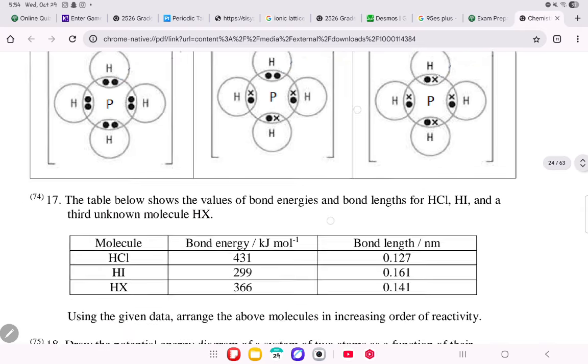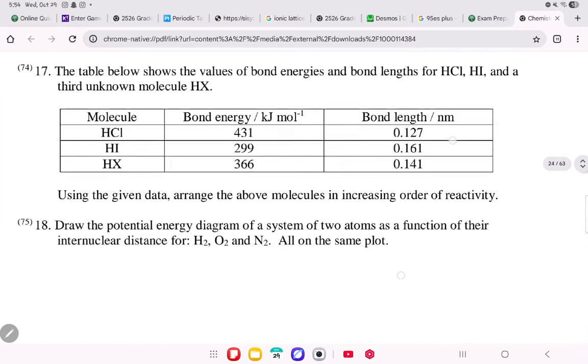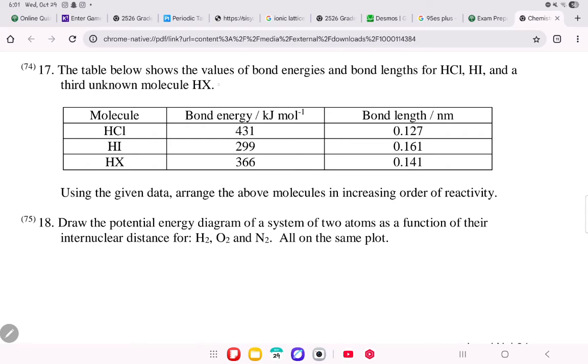Now we reach question number 17. The table below shows the values of bond energies and bond lengths for HCl, HI, and the third unknown molecule HX. They want us to use the given data to arrange an increasing order of reactivity. What did we say? We said reactivity is the best when the bond length is the longest and the bond energy is the shortest.